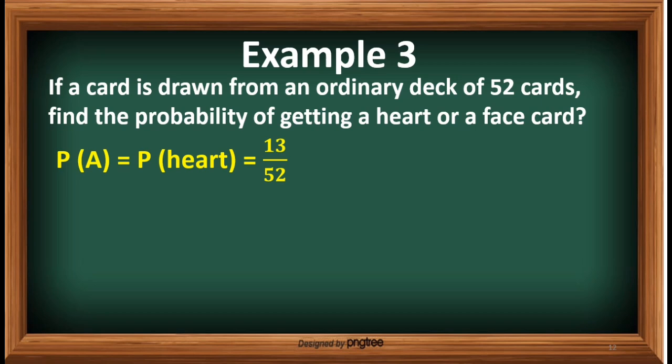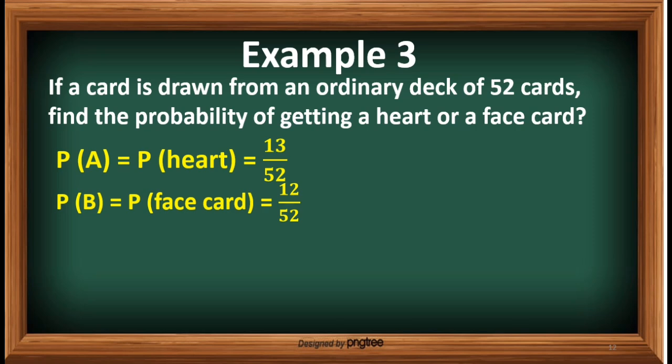First, we will solve for the probability of A, which is the probability of getting a heart. How many hearts are there in 52 standard playing cards? There are 13, so 13 over 52. That is the probability of heart. And then the probability of B, the probability of a face card.